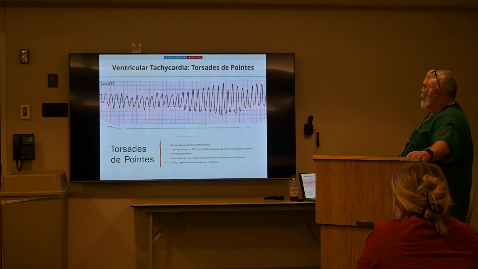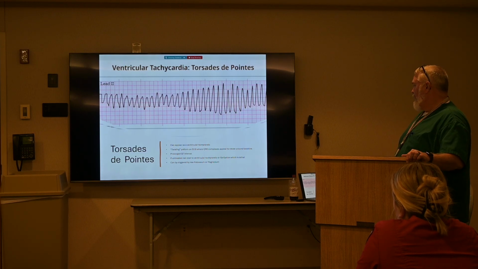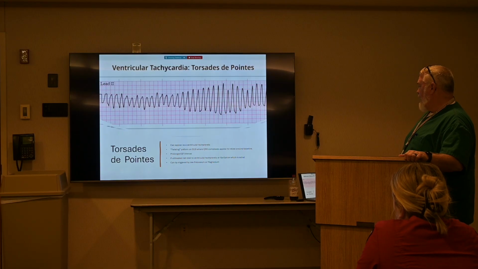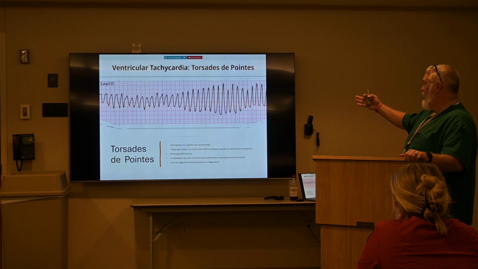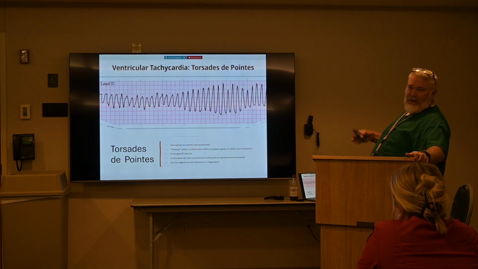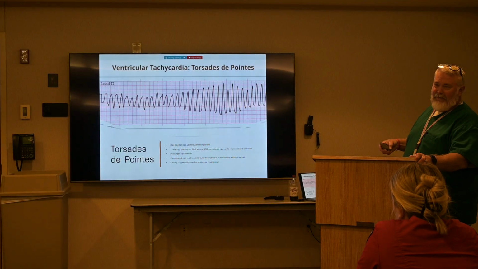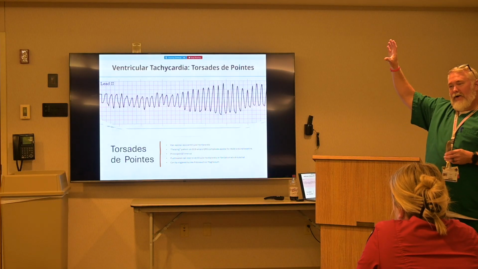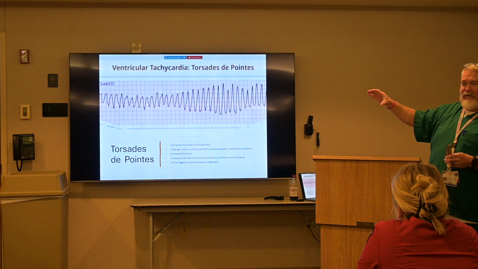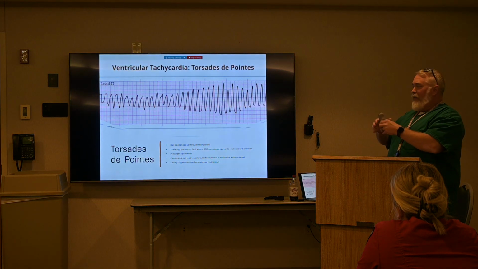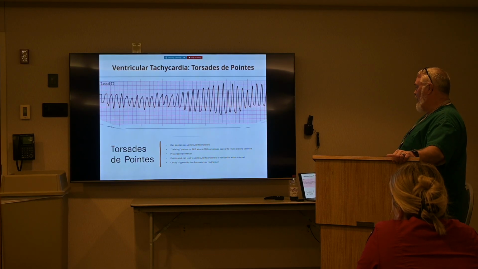Ventricular tachycardia torsades de pointes can appear as VTAC, but as you can see, the twisting pattern is where the torsades comes from. I kind of think of it as a tornado. You know how you see tornadoes drop out of the sky and they twist and turn and get wider and narrower? That's kind of how I look at torsades.